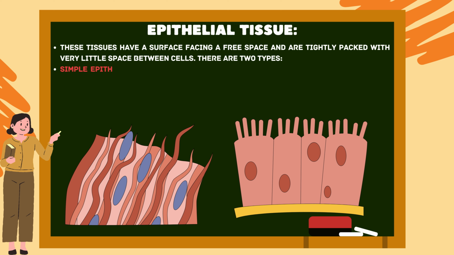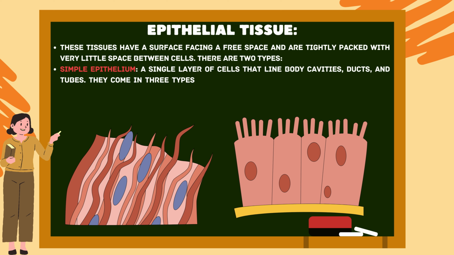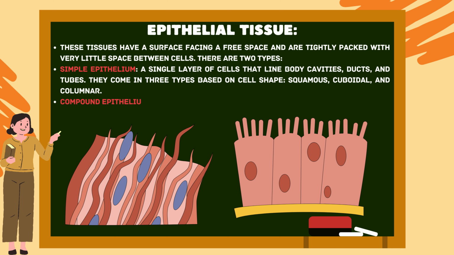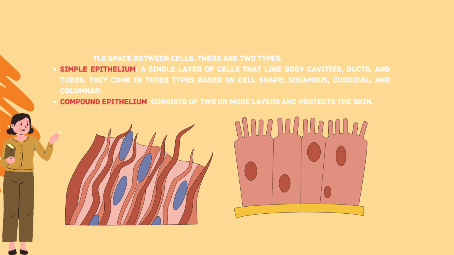There are 2 types. A. Simple epithelium: a single layer of cells lining cavities, ducts, and tubes, further categorized into squamous, cuboidal, and columnar based on shape. B. Compound epithelium: multiple layers of cells, mainly functioning in protection, as seen in the skin.